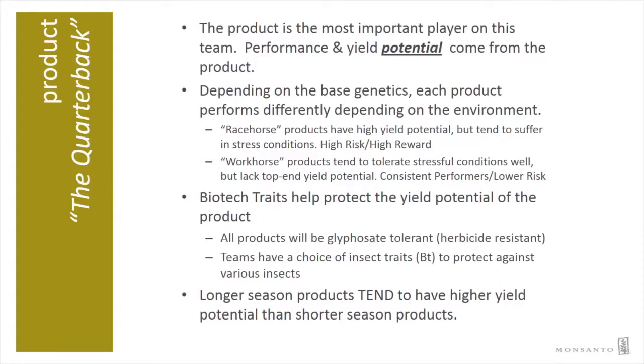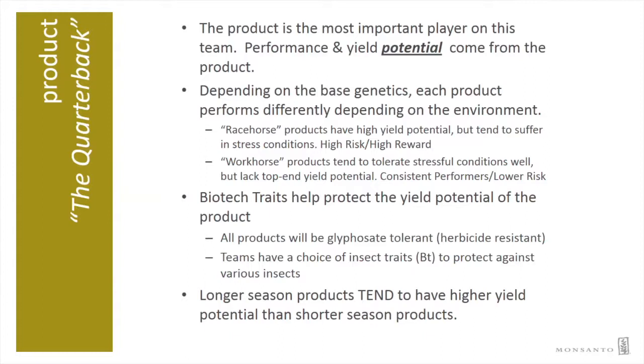The racehorse type product is your high risk, high reward product. They shine really well in great growing seasons, but you put a little stress on them, whether it's environment, weather, or soil type, any of those stresses can certainly hurt the performance of those racehorses. Your workhorse products are a little bit different, right?